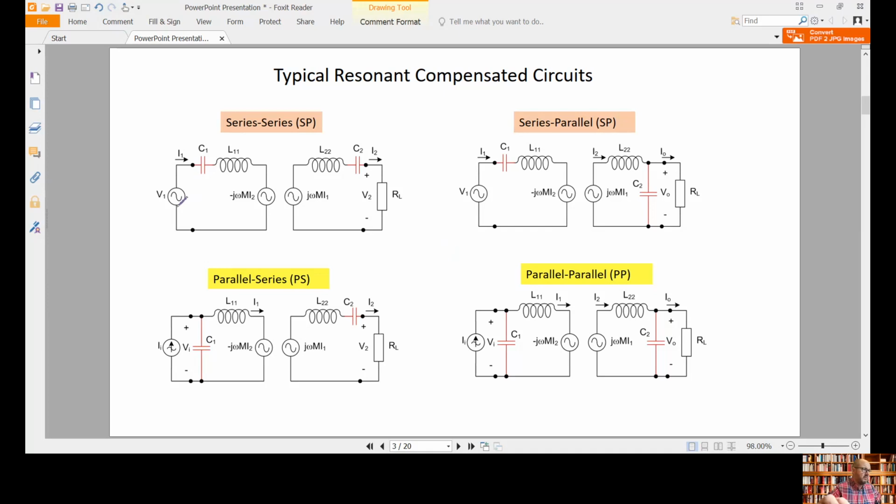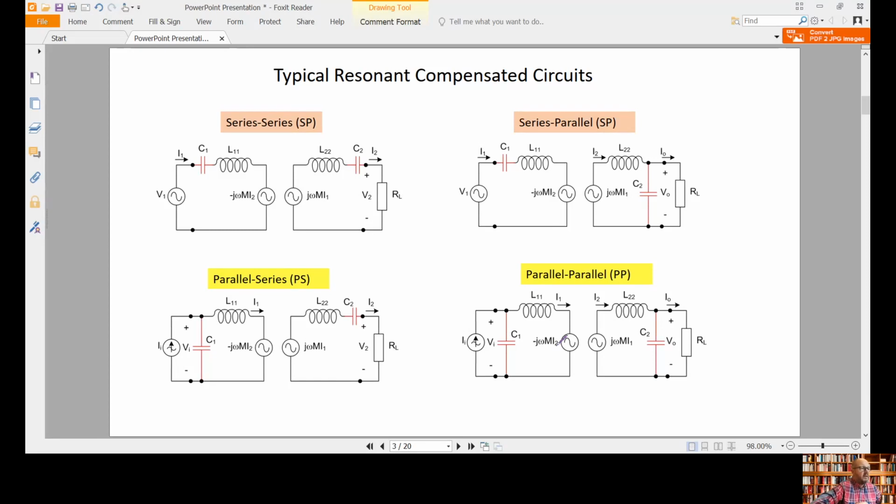If we want a voltage behavior, then we use the series compensation, and if we want something like current source at the input, voltage source at the output, then we use a parallel at the input and series at the output, and so on. Okay, so this is the common circuit that we can find in the literature.